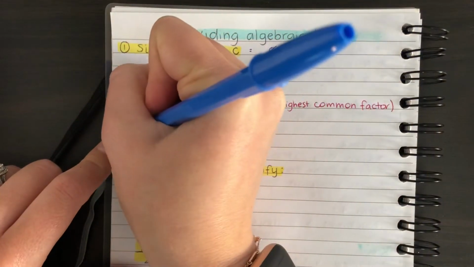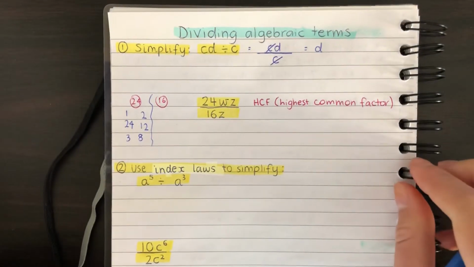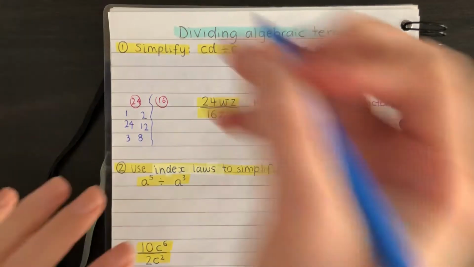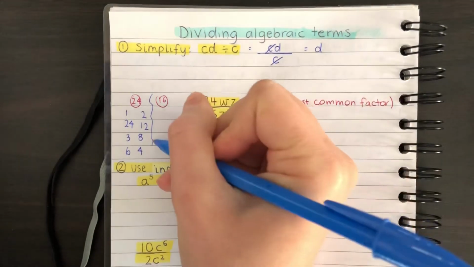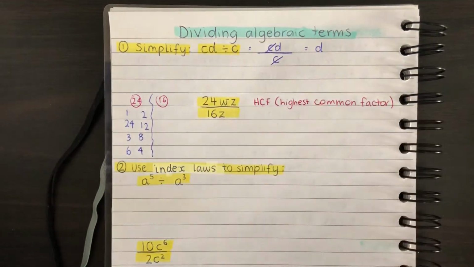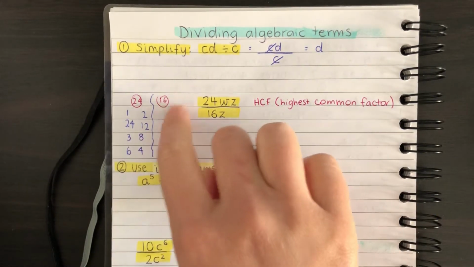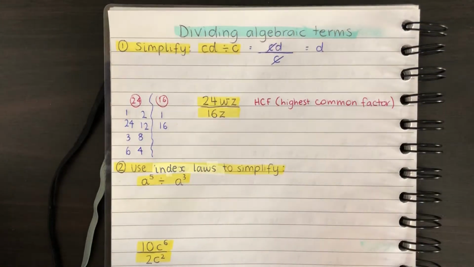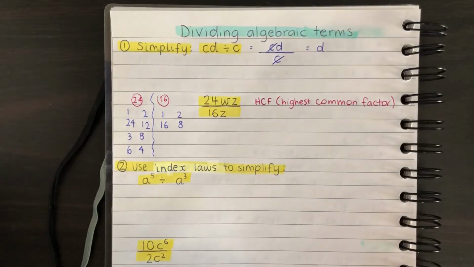We have 3 and 8. Can we think of anything else? There's 6 and 4. Okay, there's actually quite a few numbers. All right, now let's do the same for 16. We've got 1 and 16, 2 and 8, and then 4.